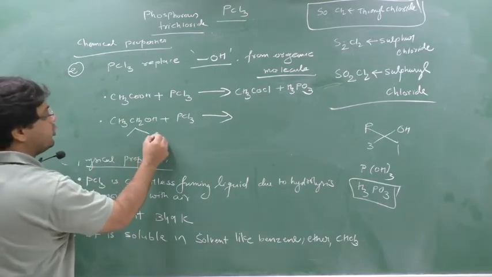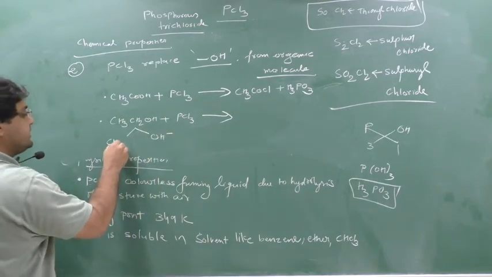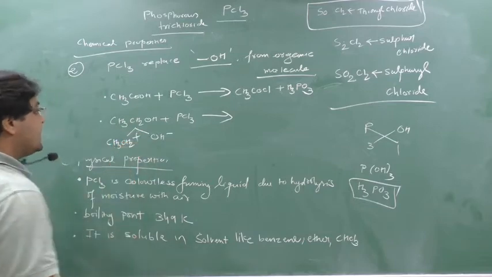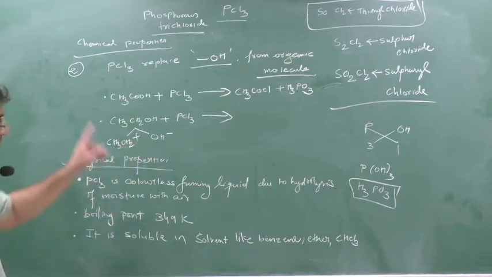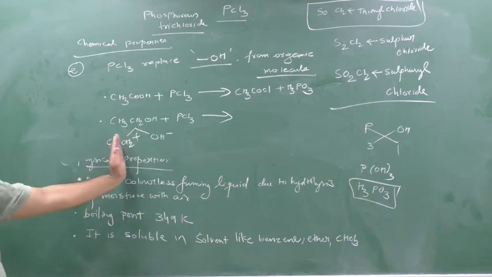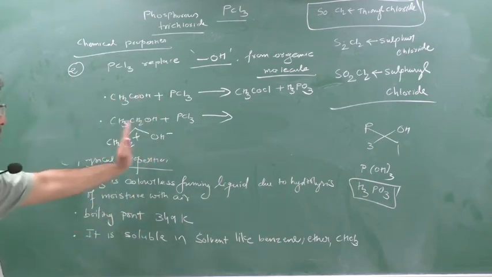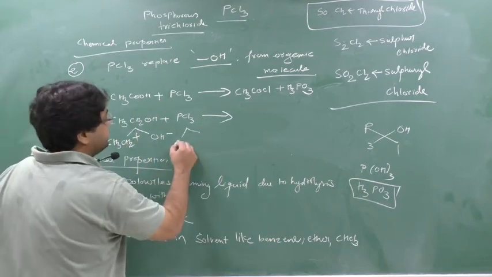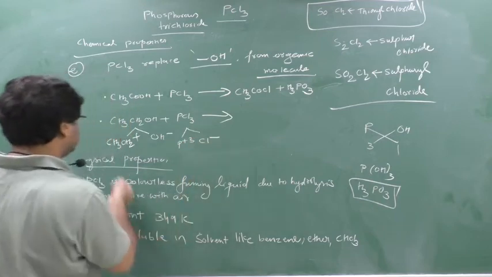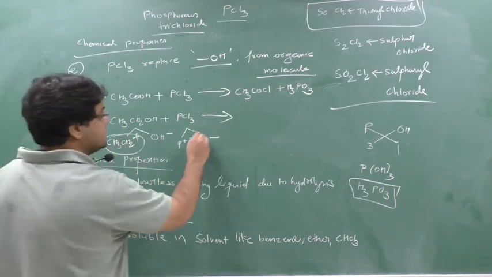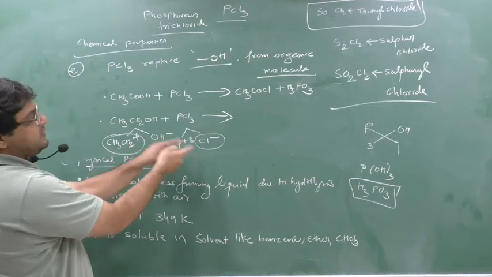If I separate OH minus here, it will form CH3CH2 plus. This is wrong, but to get the correct answer, I am doing this, okay? After writing the correct answer, just rough it out. Then P plus 3 and Cl minus, CH3CH2 plus with Cl minus, yes or no? This plus will go with this minus.